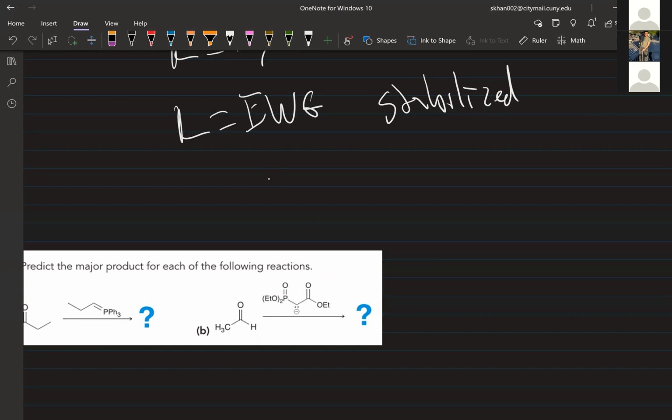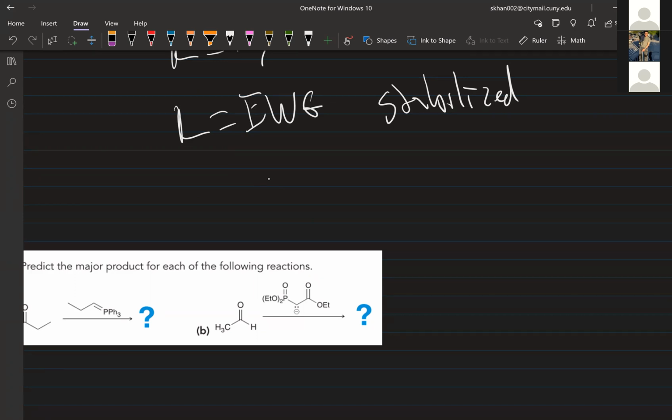I've said this multiple times, I don't like memorization, like trying to remember a list. If you just look at the structure and see where electron density is, or what other stabilizing factors are in it, you can always figure it out.